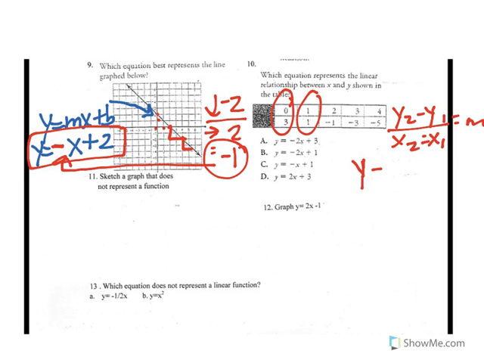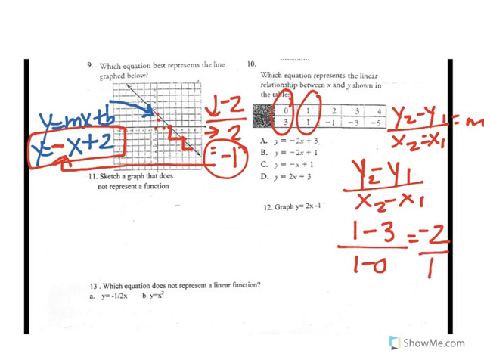So we do y2 minus y1 over x2 minus x1. So it would do 1 minus 3 and 1 minus 0. 1 minus 3 would give us negative 2 over 1.